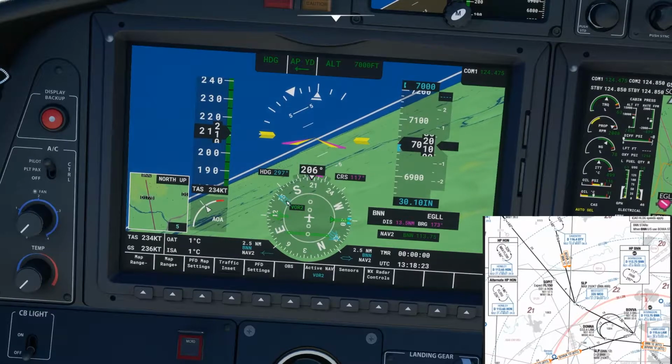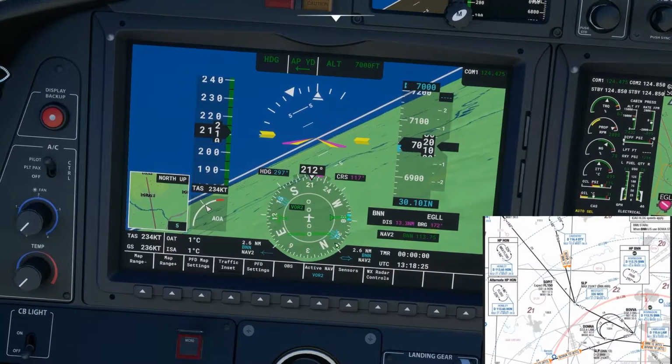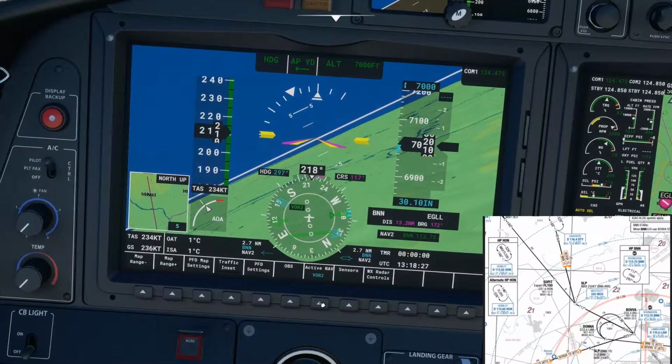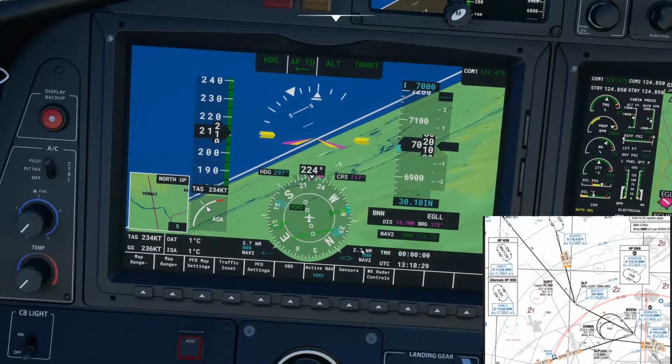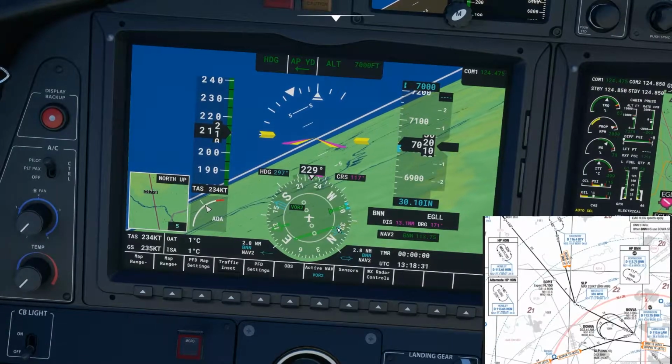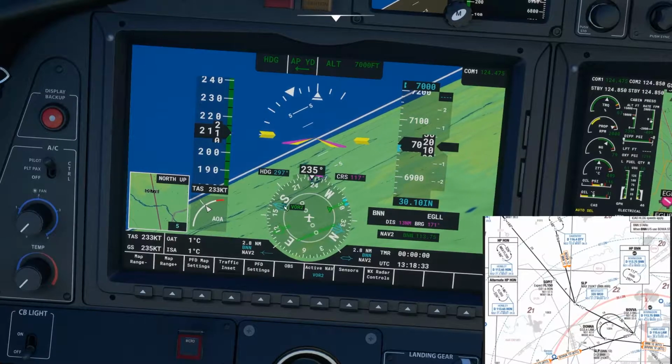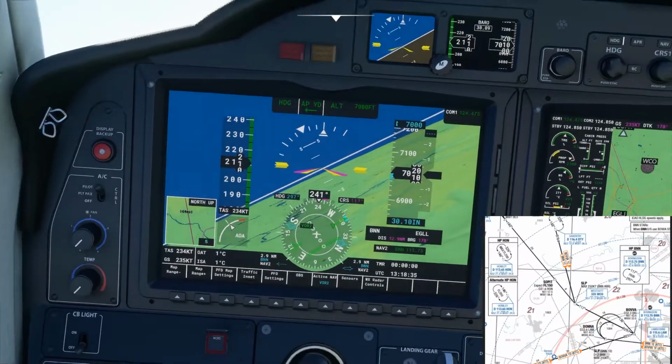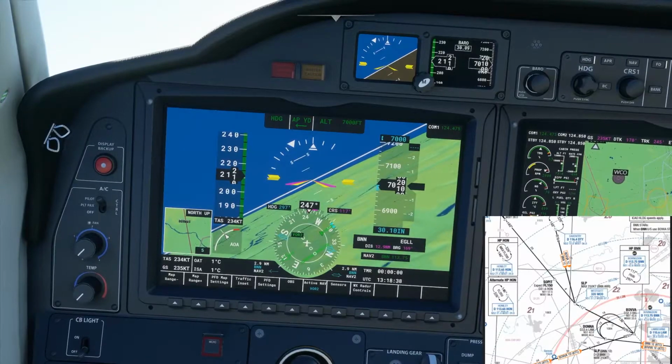And so our VOR needles here for Bovington are up as well. So that's good. We can see where the VOR is in relation to the aircraft all the time, which is what you would want for a hold.